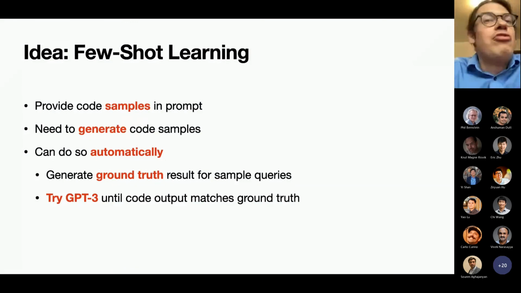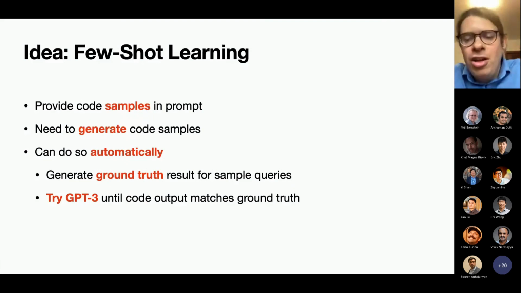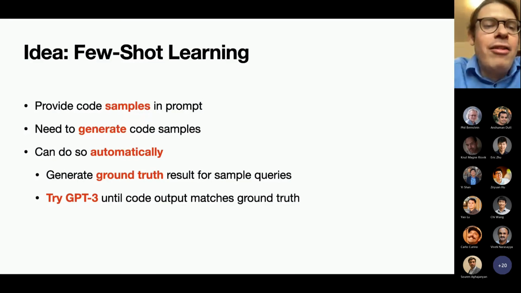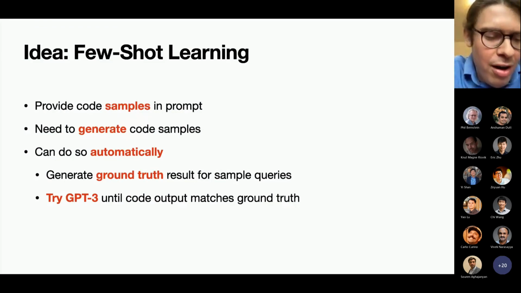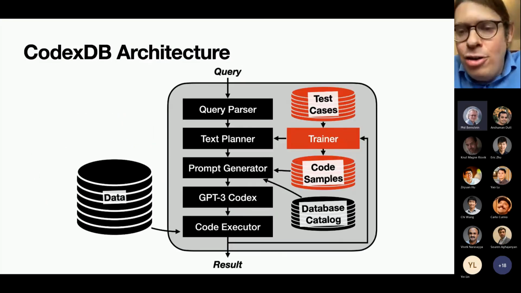And then it will repeatedly use GPT-3 with some degree of randomization in order to generate multiple code versions for that current query until it finds a first code version that is executable and produces the correct output. And if that is the case, then it is added to a library of code samples that can at runtime be used for few-shot learning. So this is the architecture.